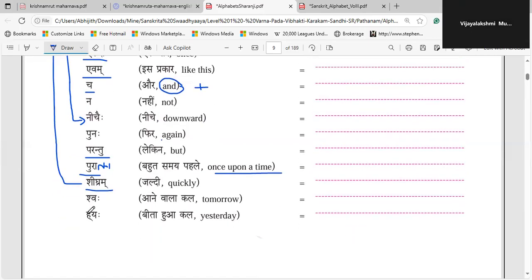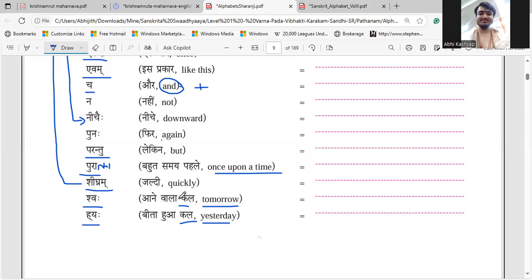Okay. Shvaha. Shvaha means tomorrow. Hyaha, which is yesterday. In Hindi, they have the same thing, kal and kal for both.